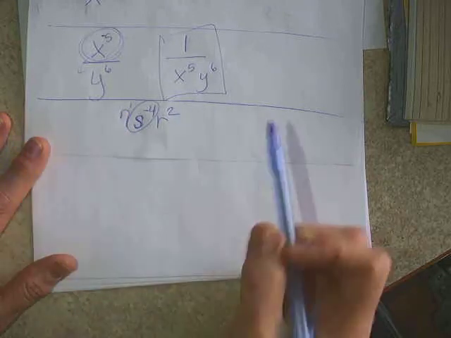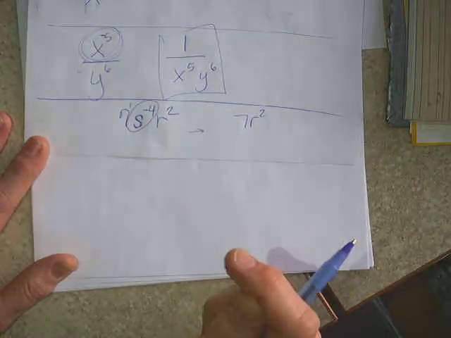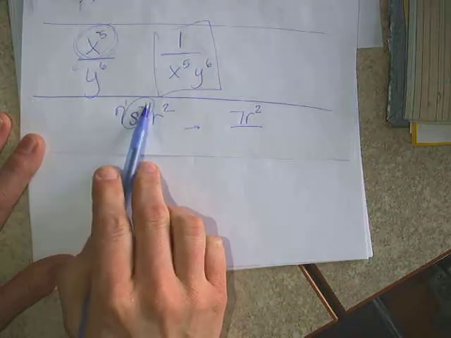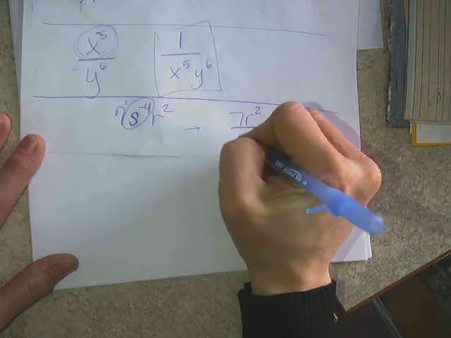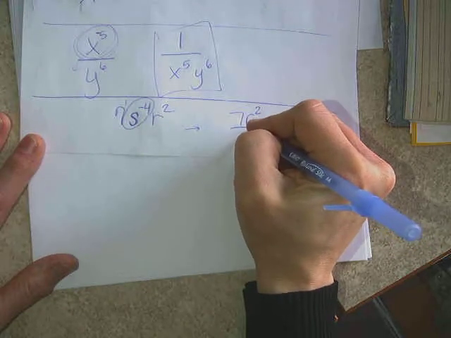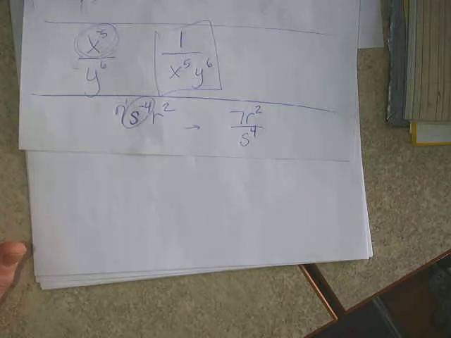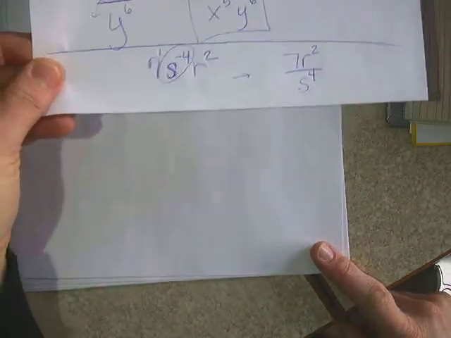In fact, 7 has its own exponent of 1. 7 is not a package deal with s. That's why I say you might want to put the 1 in so you don't mistakenly move it. So the 7 and the r squared are going to stay right where they are. S to the negative 4th is going to take the elevator and move down, and instead of negative 4, it will become positive 4.